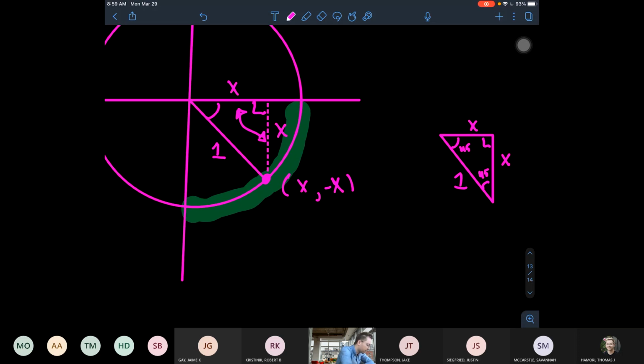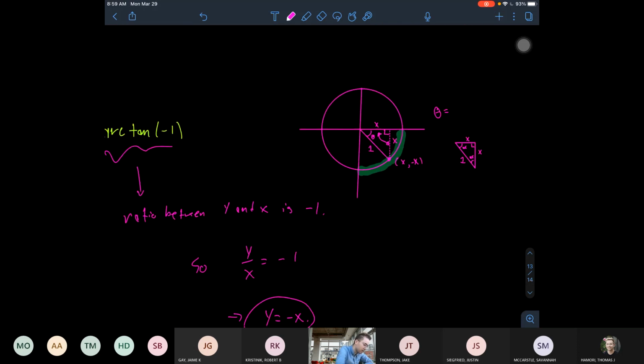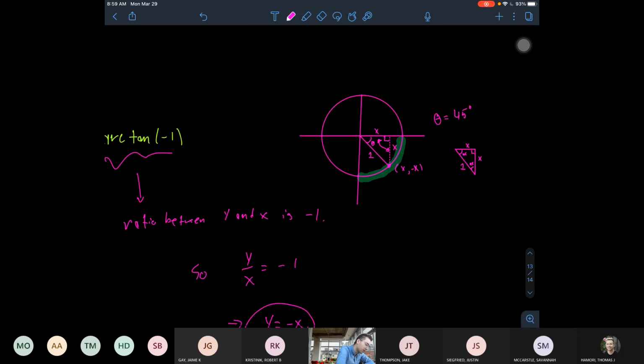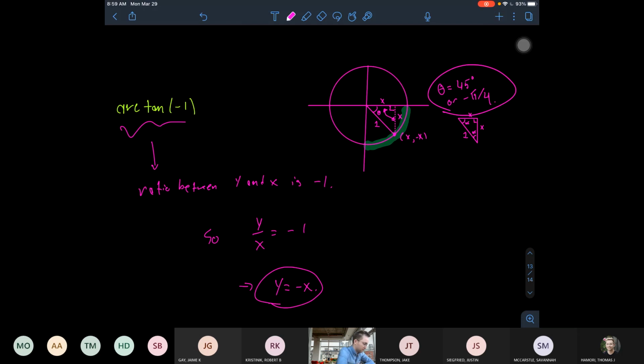Well, it's telling us that our angle theta here, which produces a value of -1 for tangent, is the value theta which is equal to either 45 degrees or -π/4. Okay, so that's how I'd find my answer.